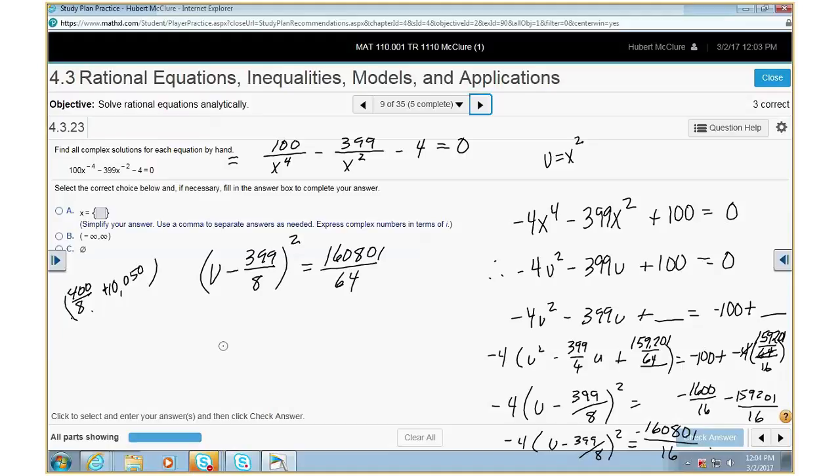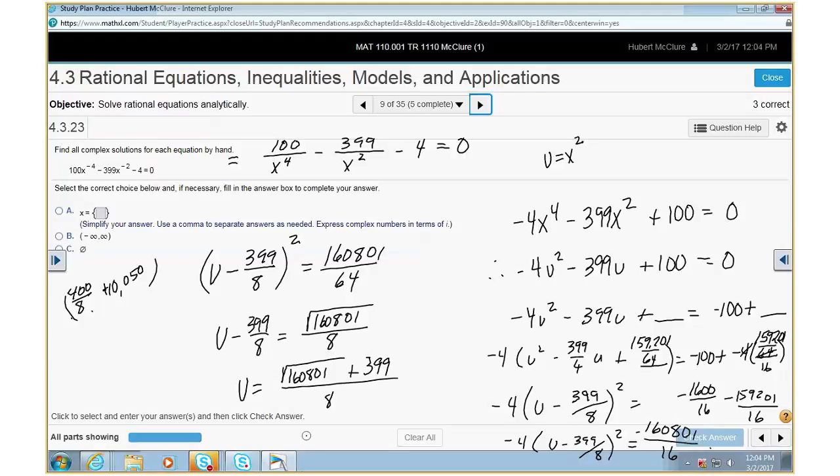And then u minus 399 over 8 is equal to the square root of 16801 over 8. And then u is equal to the square root of 16801 over 8, plus or minus, plus 399.